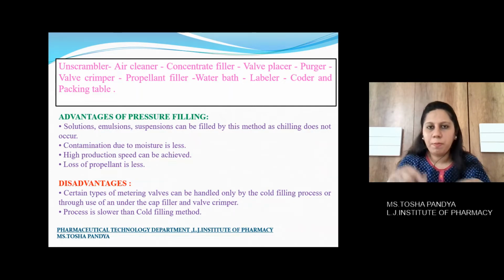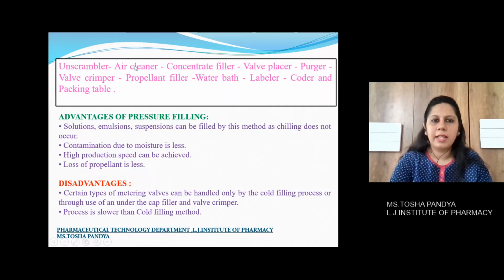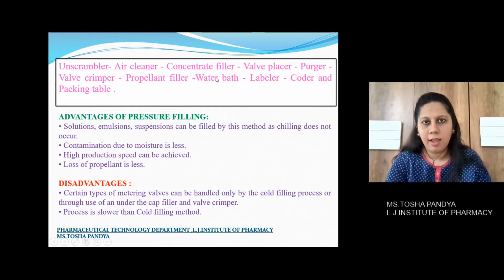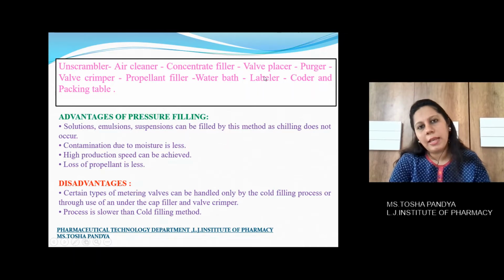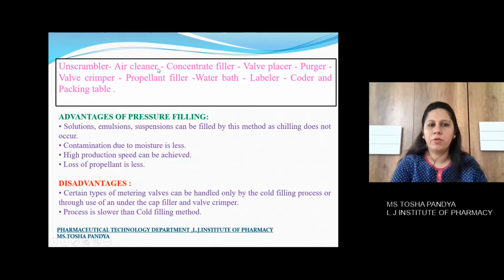Then the valve is placed and crimped with the help of the valve placer and valve crimper. And finally, you fill the propellant through the valve. After filling of the propellant and sealing the container, it has to pass through the water bath for leak testing. Once the aerosol containers have passed the leak test, they are finally labeled and coded, and the aerosol cans are packed in the packing box.